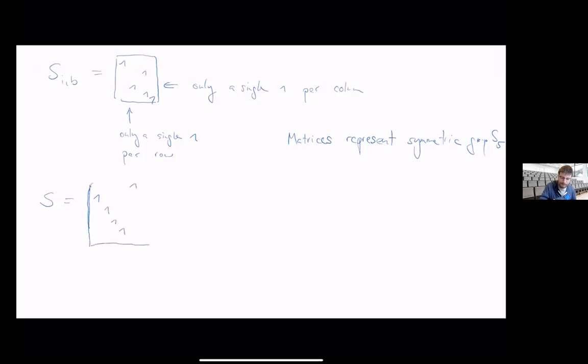This is essentially just a cycle permutation, and the corresponding permutation we write as (1 2 3 4 5). It maps 1 to 2, 2 to 3, 3 to 4, 4 to 5, and 5 to 1. It's a cycle of length 5.